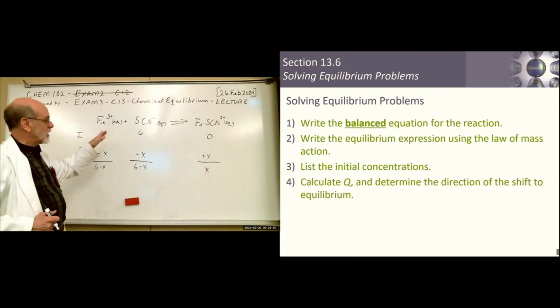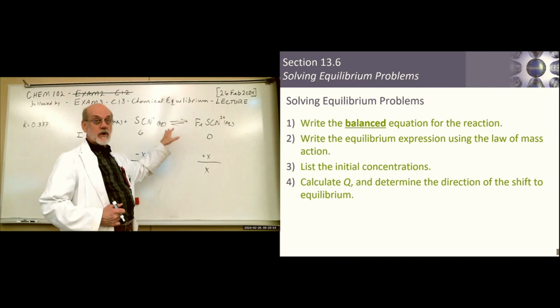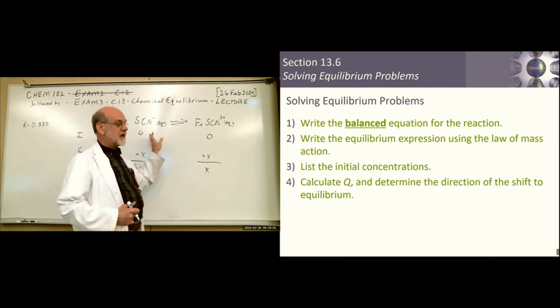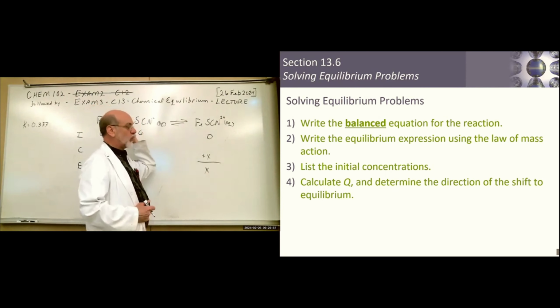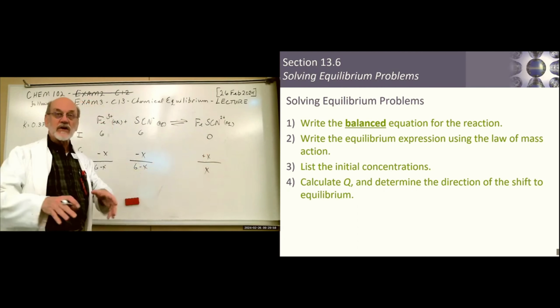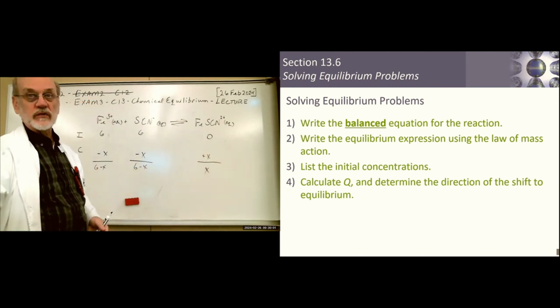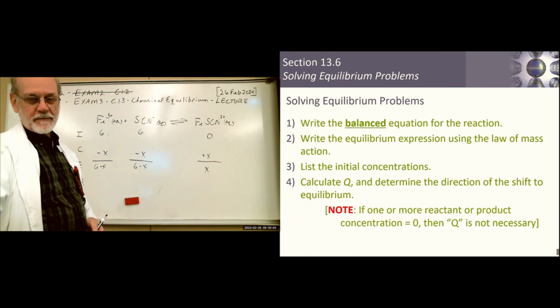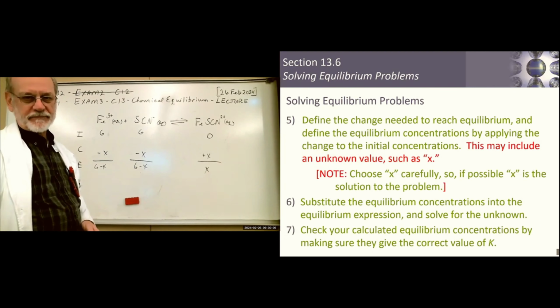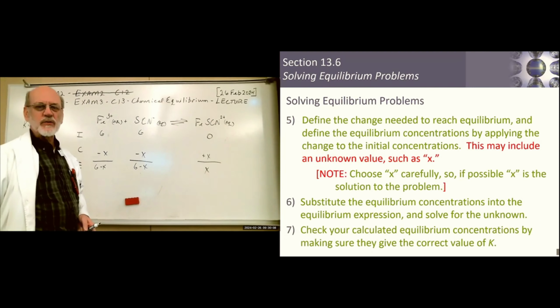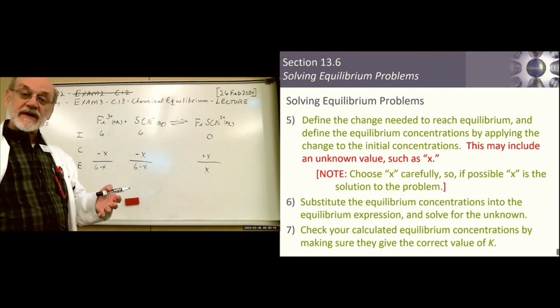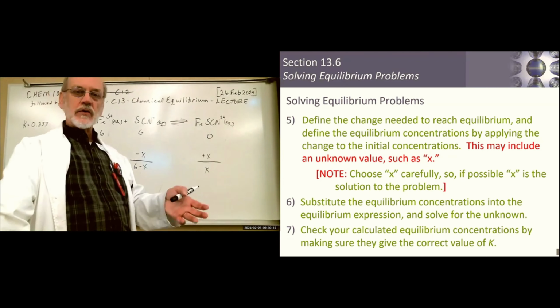Then if one of them is 0, you know which direction it's going to move. But if you have values for each one of the reactants and products, then you calculate the Q and say, which way is it going to move? Then you pick your X, preferably so that when you solve for X, you have the answer.